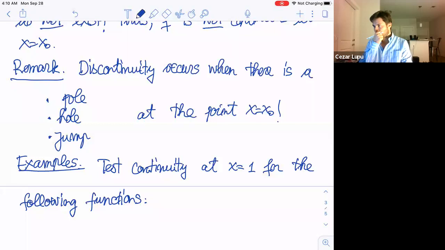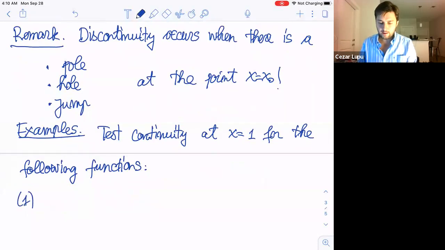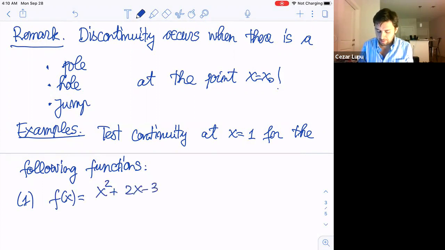The first example: let's say f of x is x squared plus 2x minus 3, everything over x minus 1. Let's take this first function and look at it.